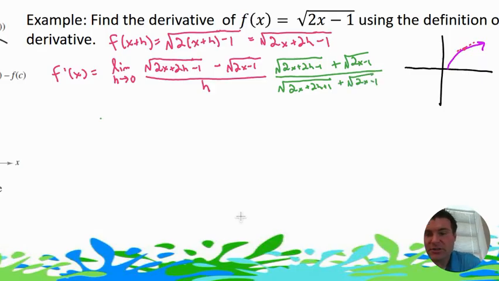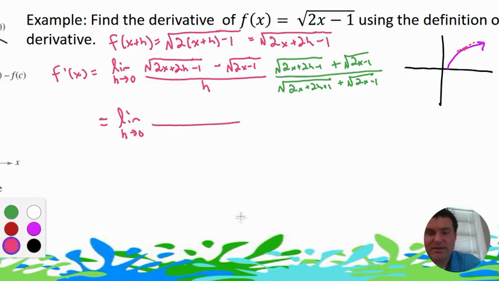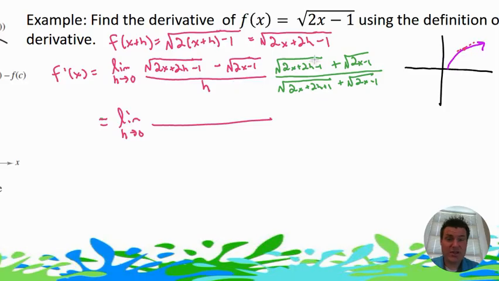And then since I did multiply by a conjugate here, the numerator will simplify very nicely. And I'm just going to let the denominator just be. So those first square roots, because these are conjugates, are just going to knock out those square roots of each other. So I'm just left with 2x plus 2h minus 1 minus, those square roots are going to cancel out, but don't forget to distribute that minus sign all the way through.